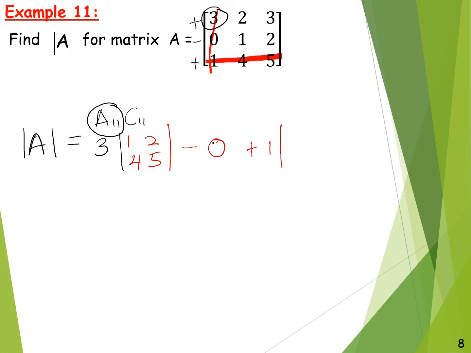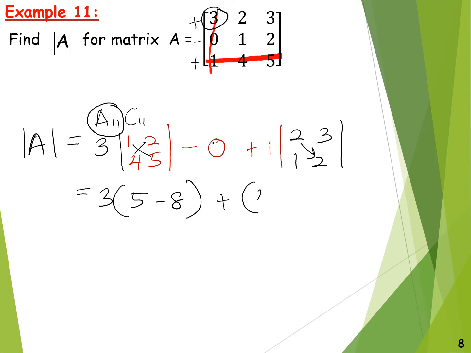So the determinant of 2, 3, 1, 2. Okay, now we can calculate. 3 times 1 times 5 is 5, 2 times 4 is 8. So 5 minus 8, minus 0, plus 1 times 2 times 2 is 4 minus 3 times 1 is 3. So the answer is negative 8. We can also expand along the second row and it will give the same value of determinant A. You can try on your own using the second row.